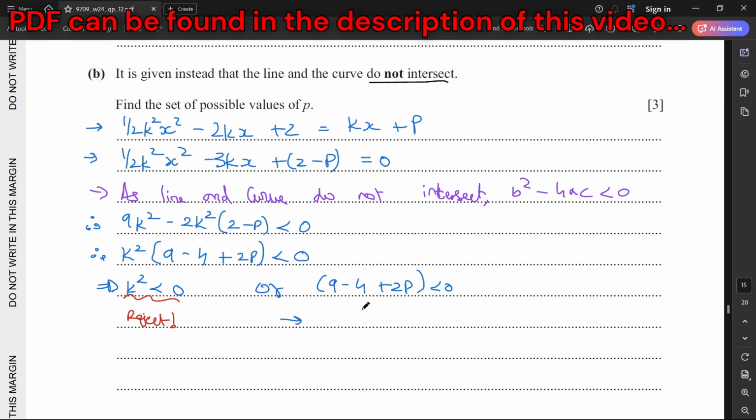So continuing this forward, 9 minus 4 is 5, plus 2p is less than 0, and therefore p will be less than minus 5 by 2. And that is the final output that you're getting for the set of values of p for which the curve and the line will never intersect.